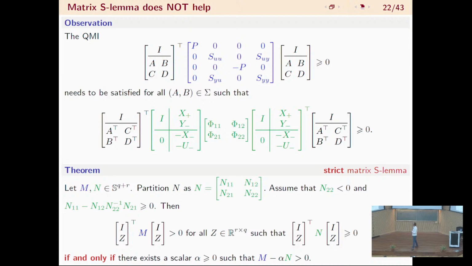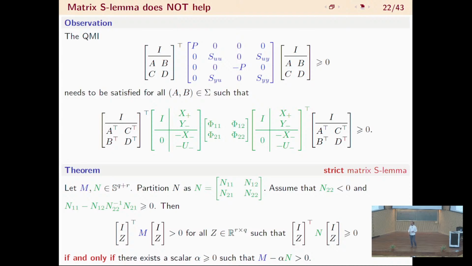If there is a possibility to write a quadratic matrix inequality in this form in terms of Z transpose as another quadratic matrix inequality, then I would change one of them and then apply the matrix S lemma. Right?